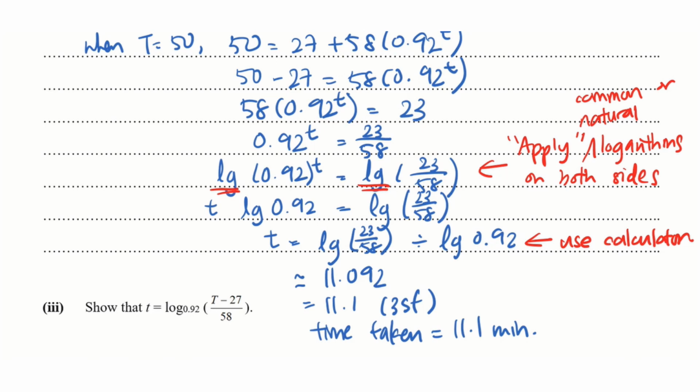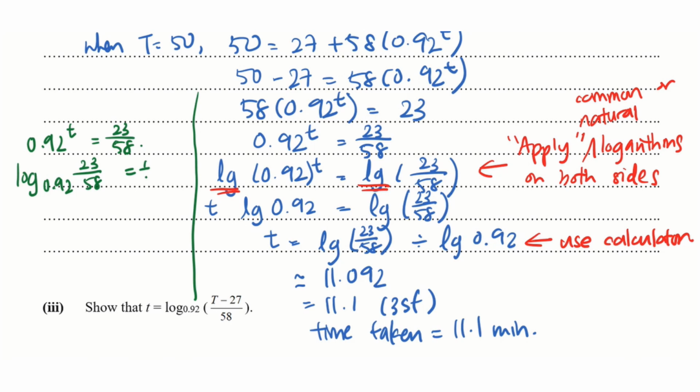Another way, if I were to draw in comparison and write it in green over here, is that now that I have 0.92 to the power of t equals 23 over 58, I am familiar with converting index form into logarithm form. So it will be log with base 0.92 of 23 over 58 equals t. Then how do we key this logarithm value into the calculator?